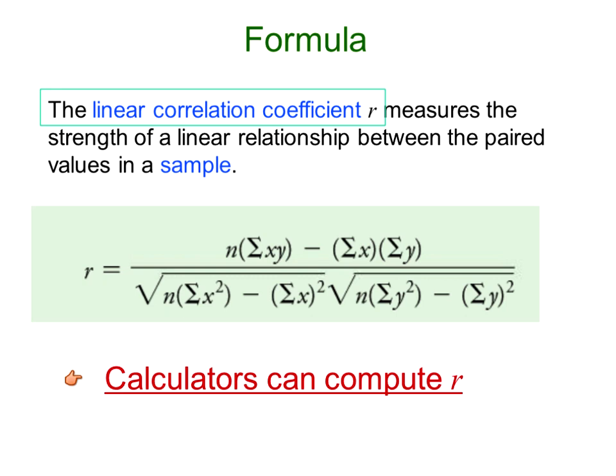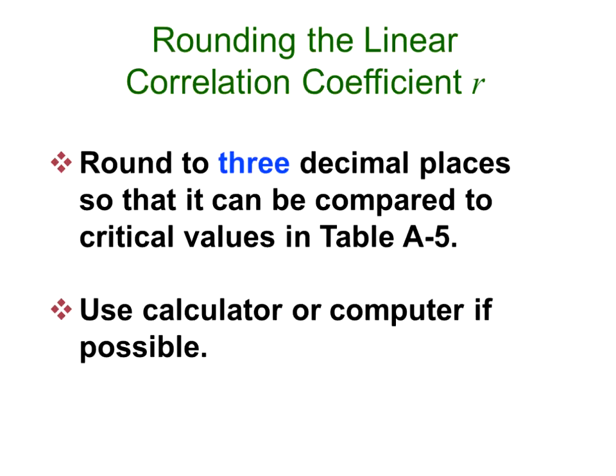If some of you are curious and you want to use the formula, you can use it once, see how it works, but I will have you use your calculator. When you're rounding the value of R, you're going to round to 3 decimal places. Again, you're going to use your calculator to calculate R. Sound good?